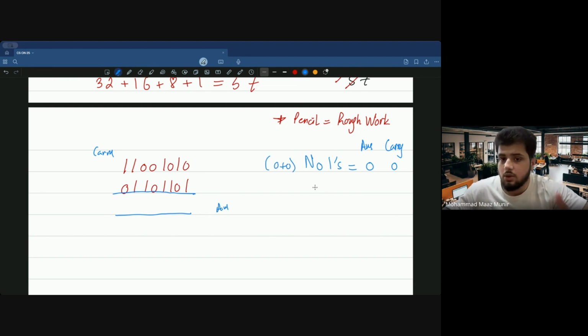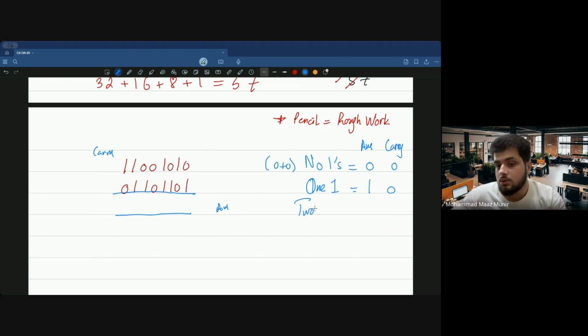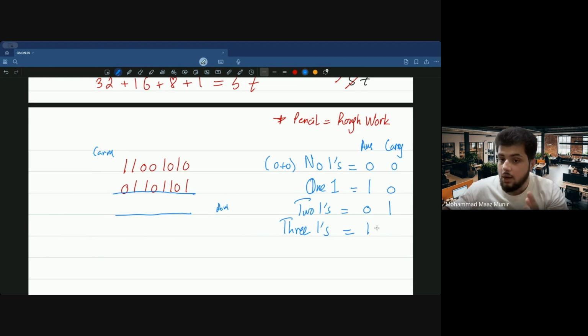If you have a single one, bring the one down, so the answer is one and the carry is zero. If you have two ones, the answer will be a zero and the carry will be a one. If you have three ones, the answer is one and the carry is also one.